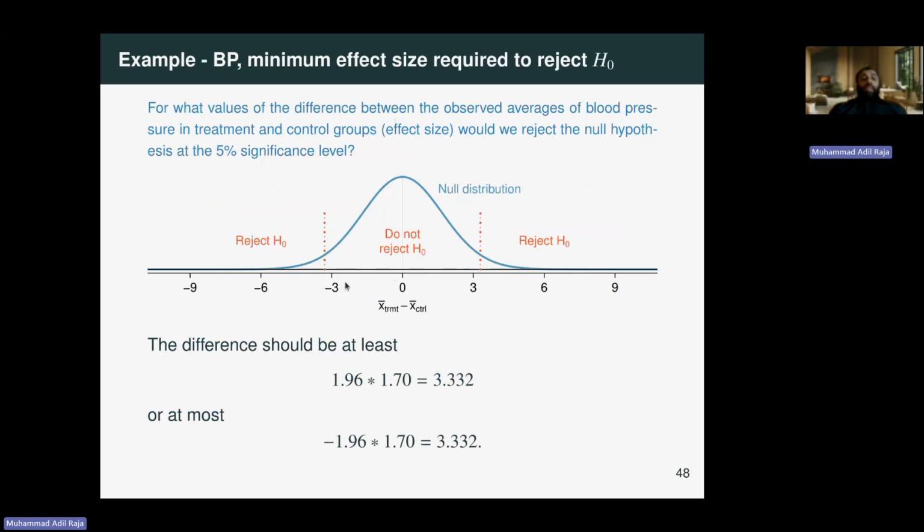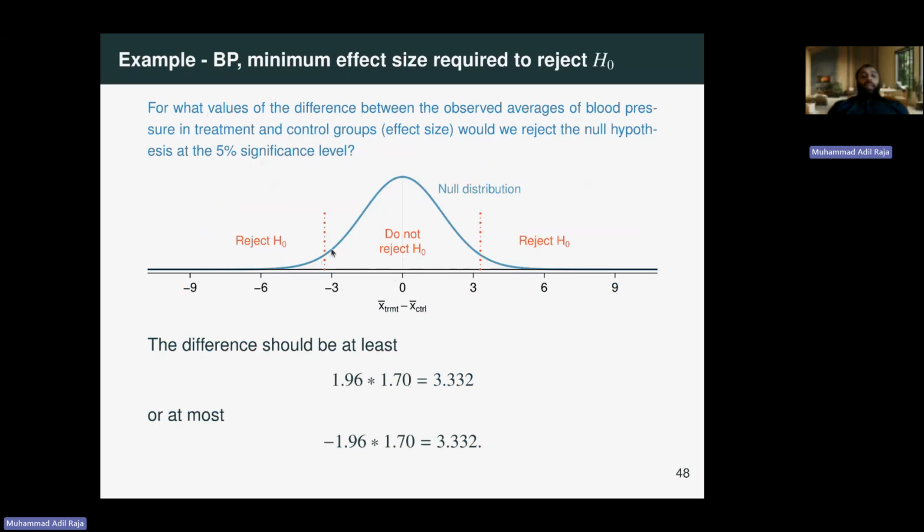So the thing is that we are trying to compute it at a 5% significance level, which means that we are going to take a 2.5% region over here and a 2.5% region over here, right? So remember, we are trying to compute the effect size, which is saying for what values of the difference between the observed averages of blood pressure in treatment and control groups would we reject the null hypothesis?